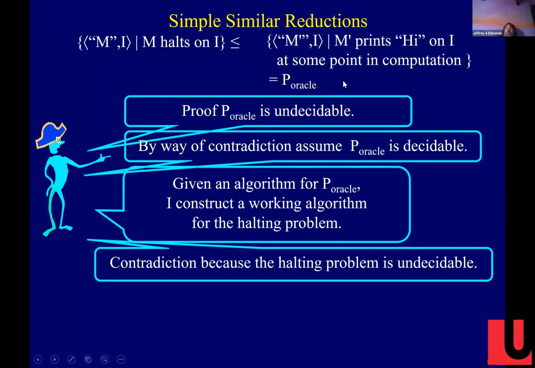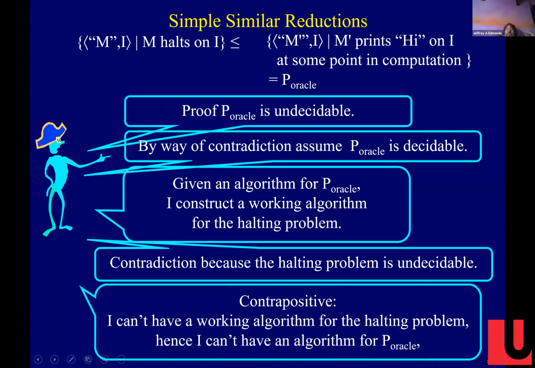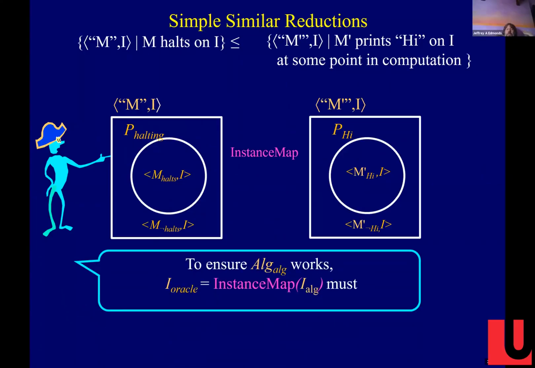We want to prove that this hi problem is undecidable. It's the oracle problem, right? How do we prove it's undecidable? Well, we assume by contradiction we had an algorithm for it. Well, if we had an algorithm for it, then we would have an algorithm for the halting problem, right? But we don't have an algorithm for the halting problem, so we don't have an algorithm for the oracle problem. Same thing we've sort of said before, right?